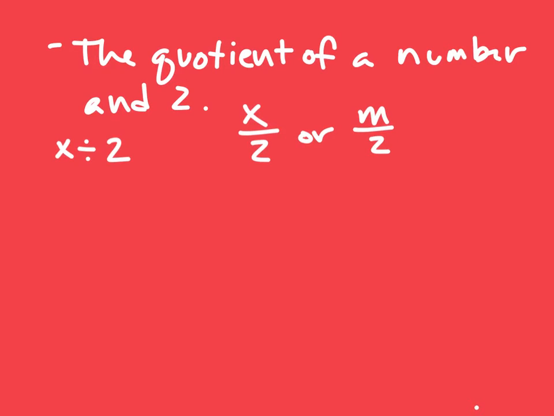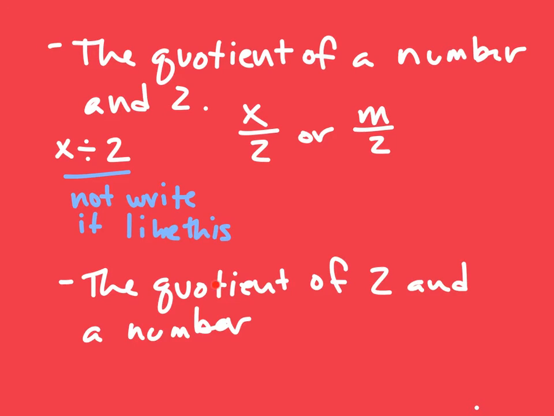While this is correct, let's not write it like this. Let's write it in fraction form: some number over 2. The order in which this is written is how we want to write that expression out.